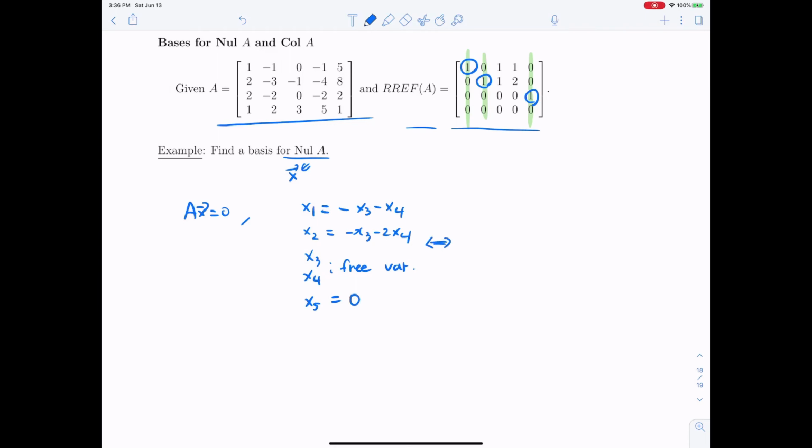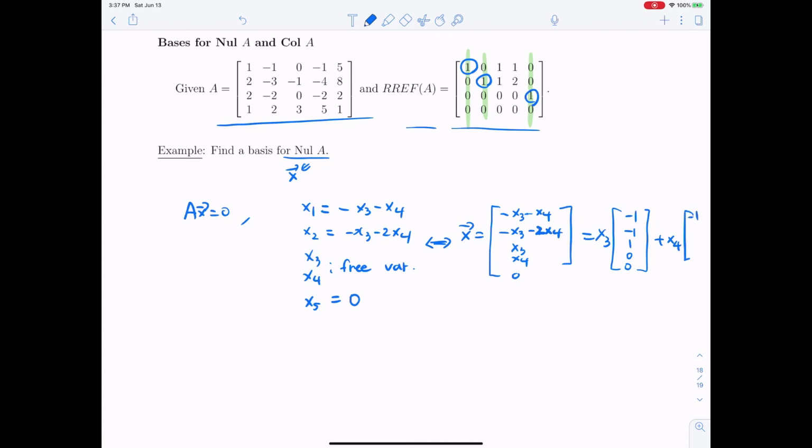Equivalently, the vector x can be written as (negative x3 minus x4, negative x3 minus 2x4, x3, x4, 0). We can separate this as x3 times (negative 1, negative 1, 1, 0, 0) plus x4 times (negative 1, negative 2, 0, 1, 0).